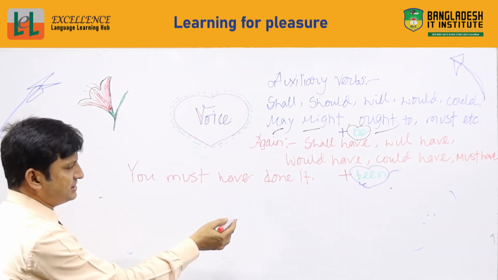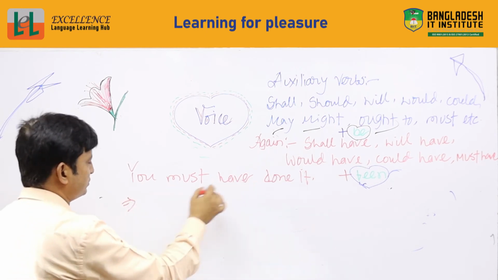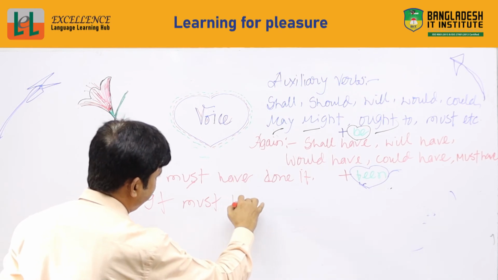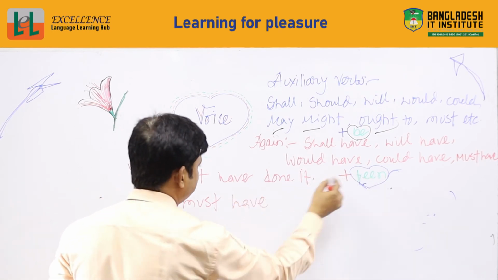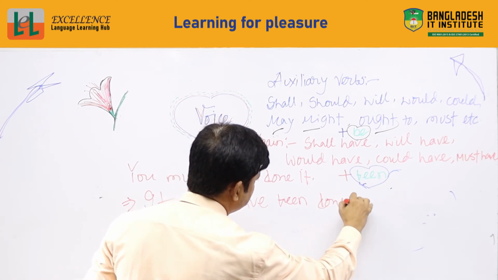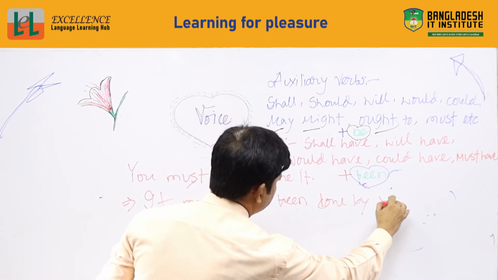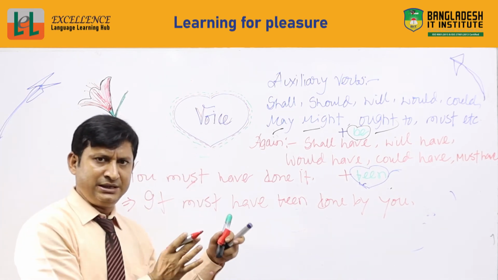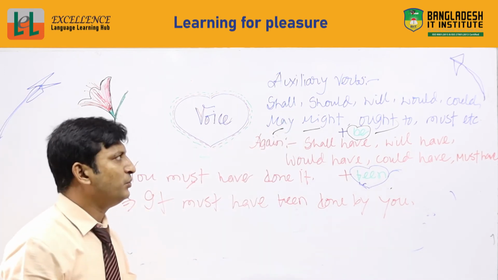You must have done it. So to make it passive, we just use it must have, then been, okay, been done by you.